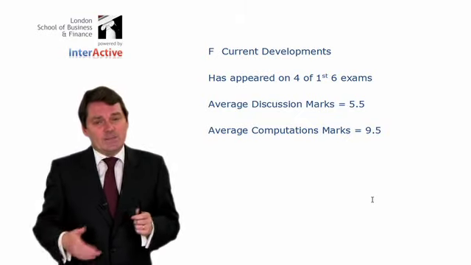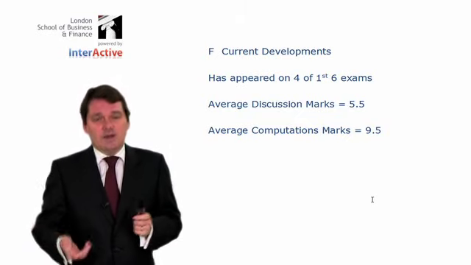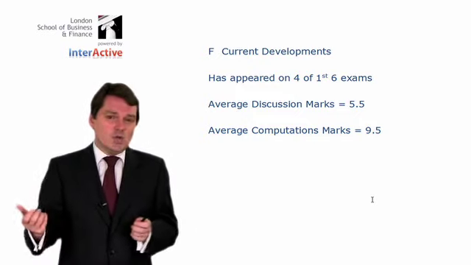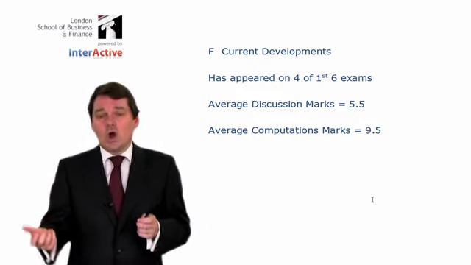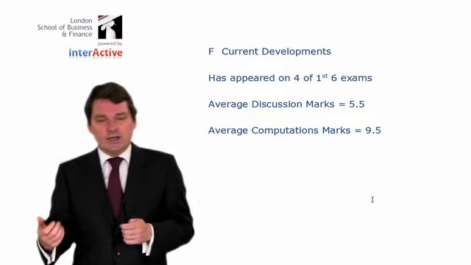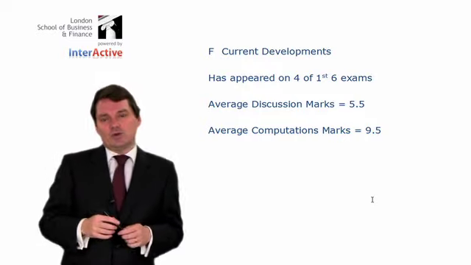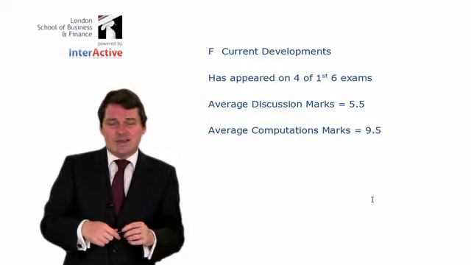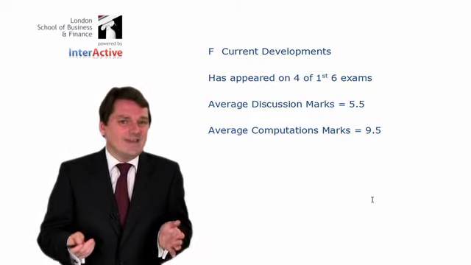Now, again, if you're thinking about financial accounting, if you're thinking about the F3 paper, the F7 paper, the P2 paper, or real life, when an international financial reporting standard changes, you have to change the way you do your accounts. You have no choice about it. Whereas in management accounting, remember, you can do whatever you like.